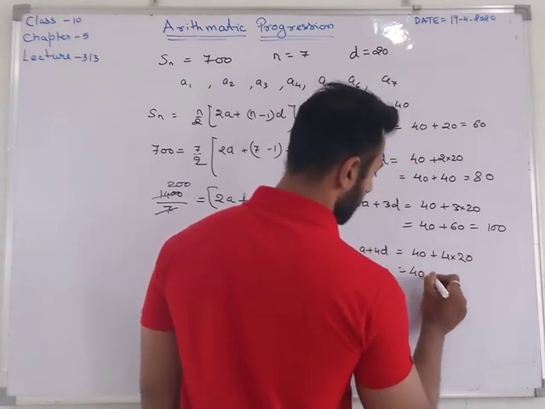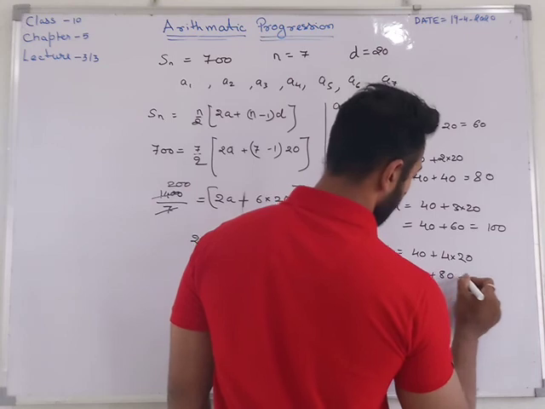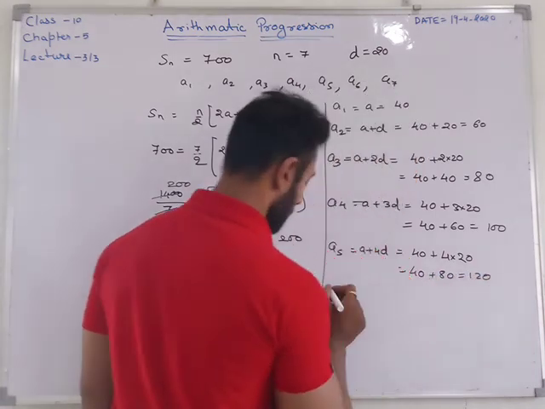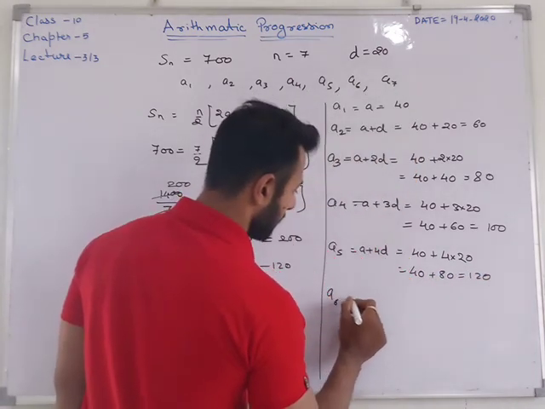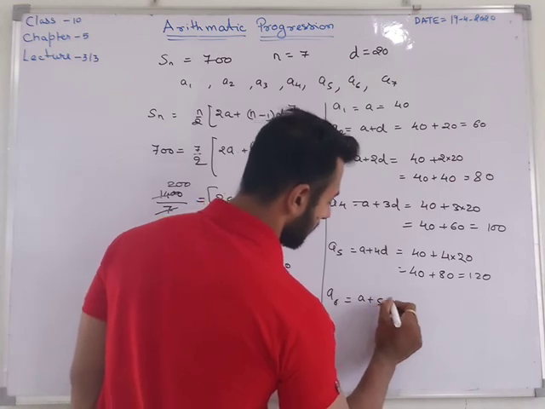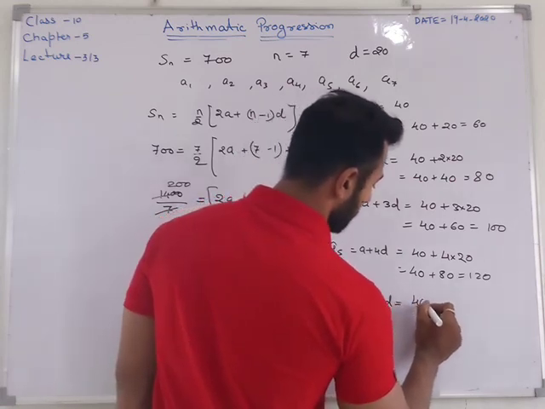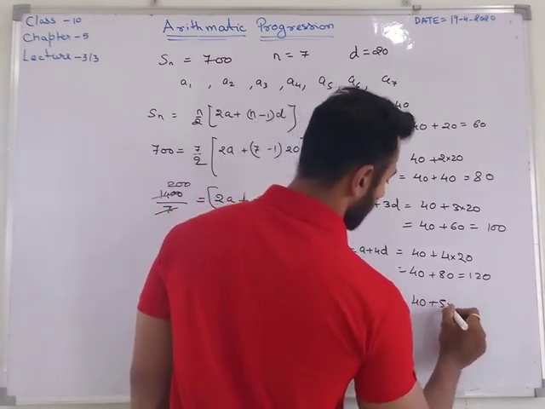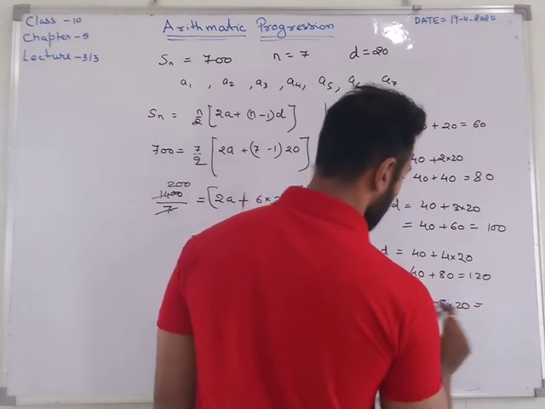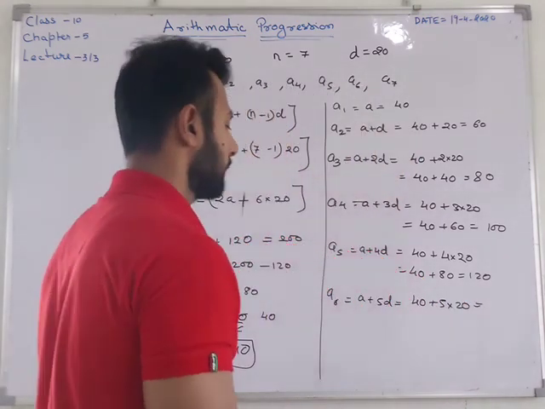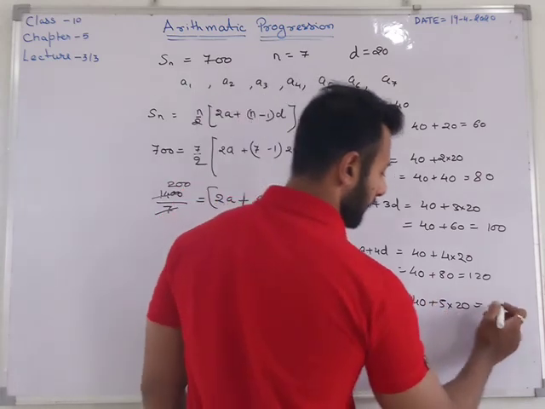This will be 40 plus 80, which is 120. A6 is a plus 5d. 40 plus 5 into 20. 5 into 20 will be 100, so 140.